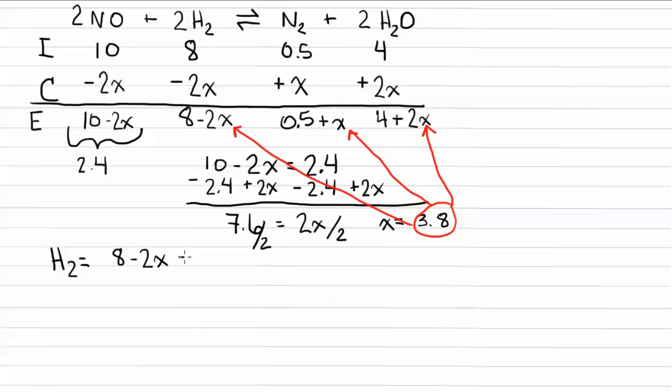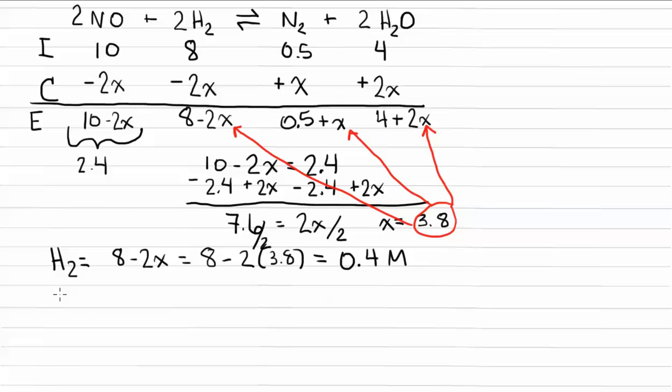Can plug in for x. 8 minus 2 times 3.8 gives us an equilibrium concentration of hydrogen of 0.4 molar. And that makes sense, remember. We wanted our equilibrium to shift to the right to give us more products. It should decrease the amount of reactants that we have.